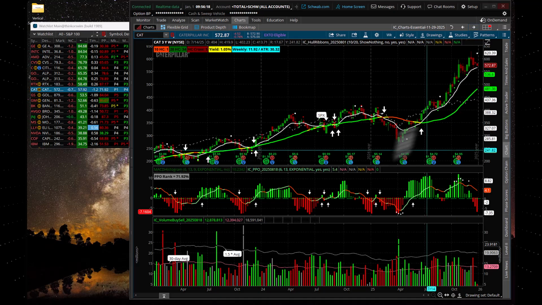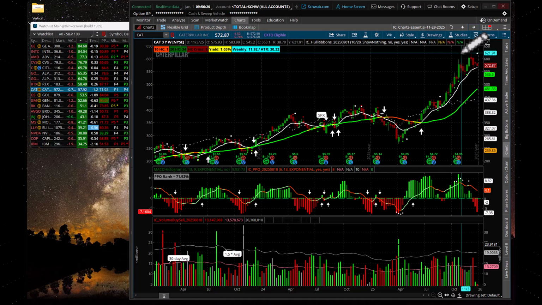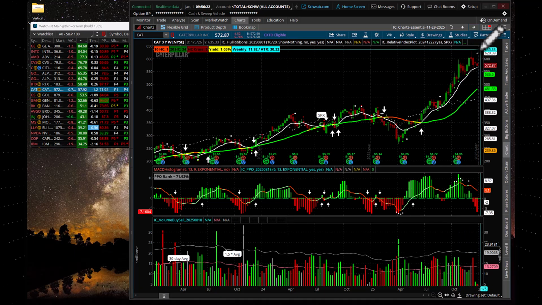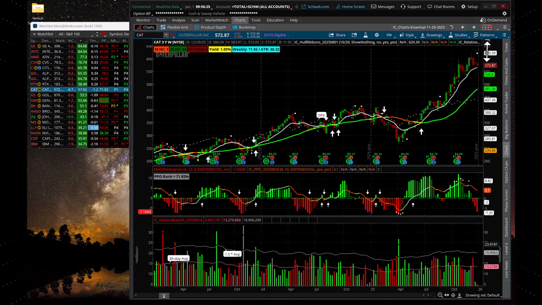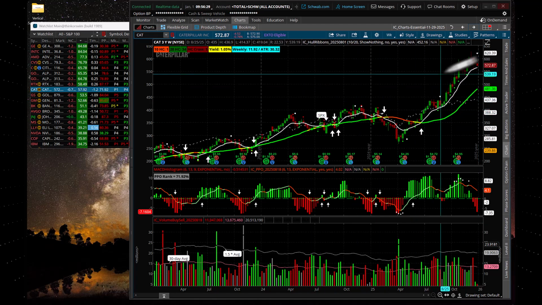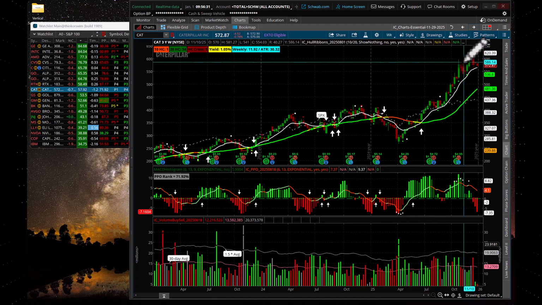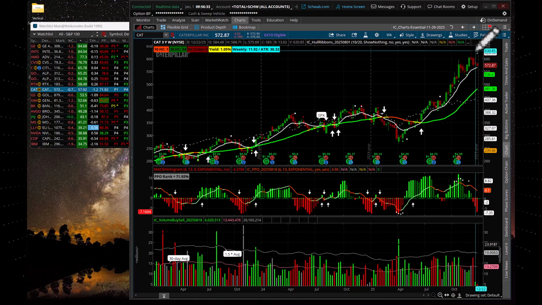Looks to me, from where I sit, it's kind of in the overbought category as well. Again, overbought, and maybe time to take some protection against what possibly could happen.